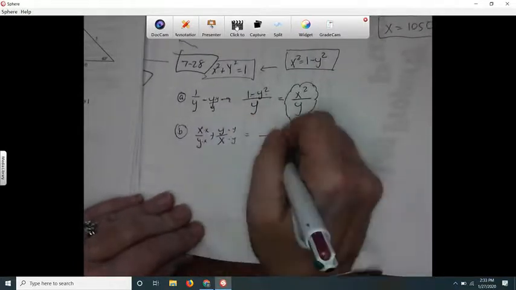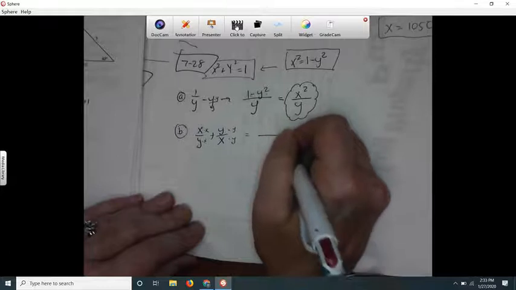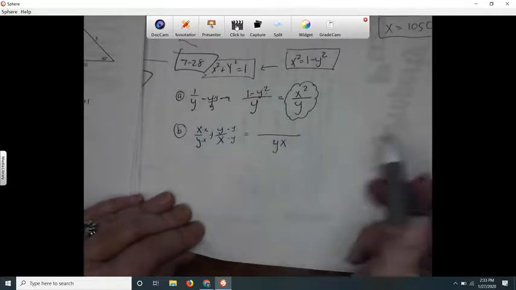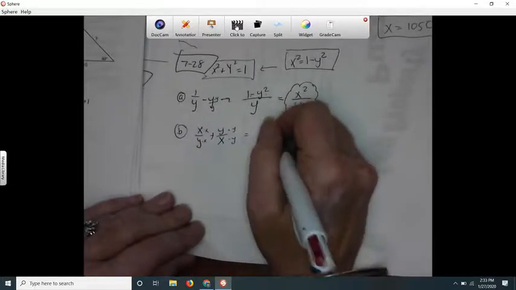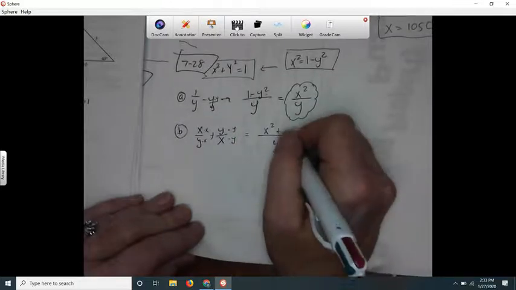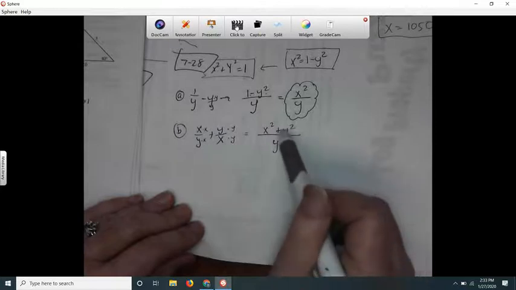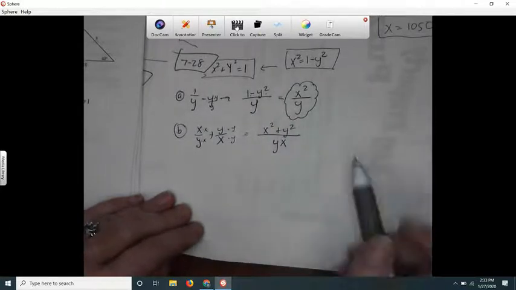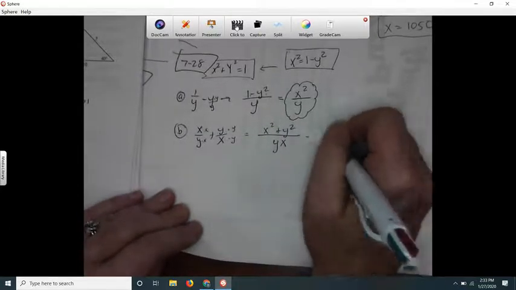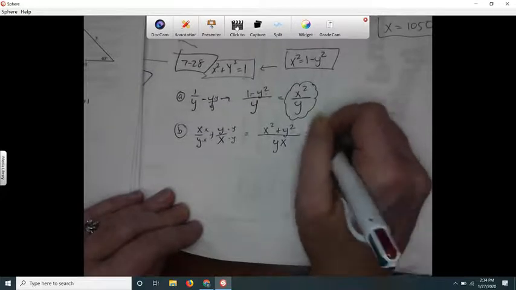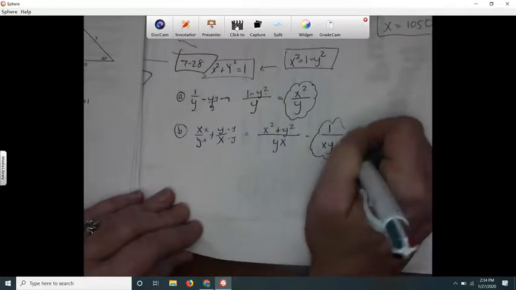So the common denominator is now x times y. This is x squared. This is y squared. But they told me that x squared plus y squared is 1, so I could just use this as 1.